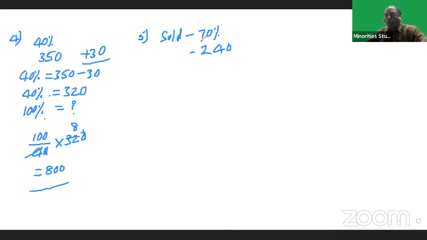A fruit seller sold 70% of mangoes and he has 240 mangoes. Find the mangoes sold by the fruit seller.